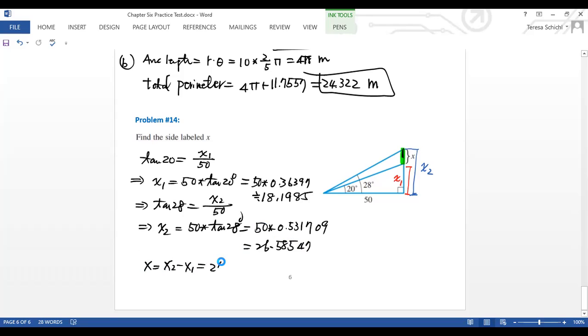So it will be 26.58547 minus 18.1985, which gives you 8.38697. That will be the x value we marked there.